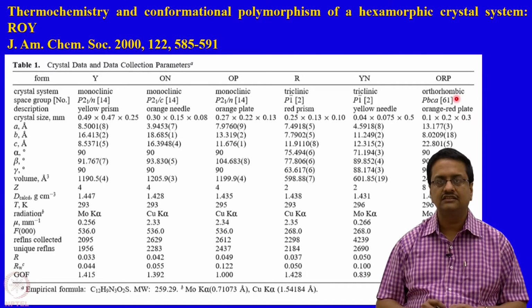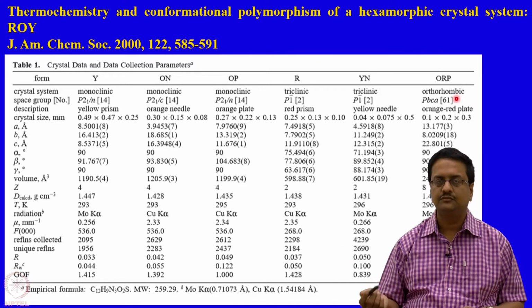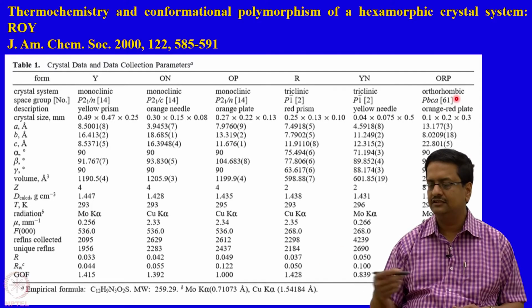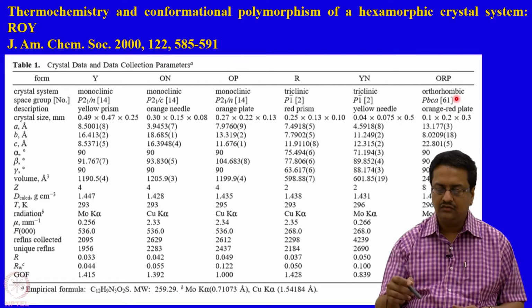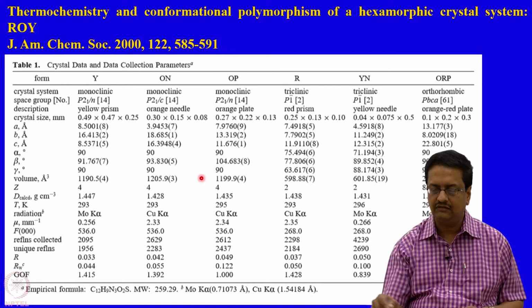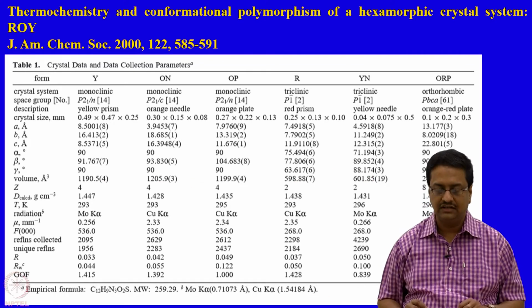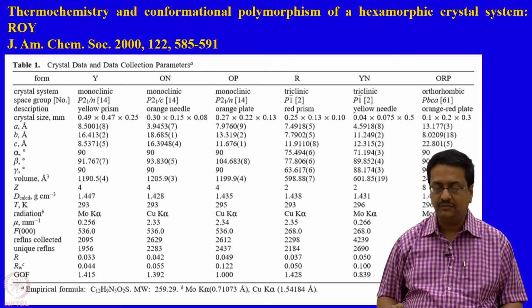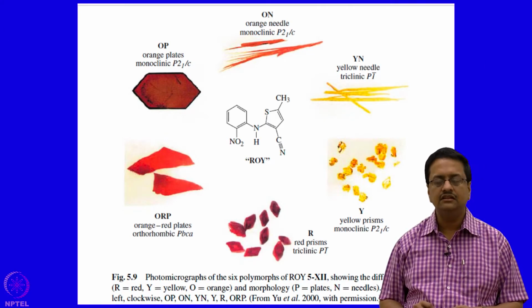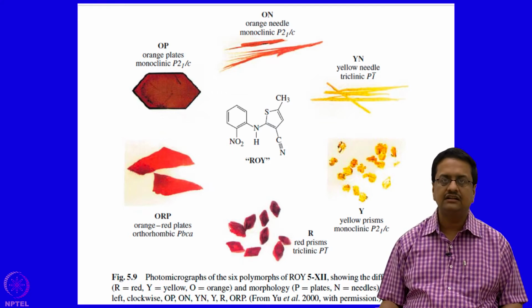So, the crystal system spans from triclinic to monoclinic to orthorhombic, space group from P-1 to P21/c to Pbca, and you can see that the volumes range about 1100 to 1200. For triclinic it is 600 and orthorhombic it is 2400. The most important aspect is that for this particular compound, all these crystal forms have different colors and different morphologies.